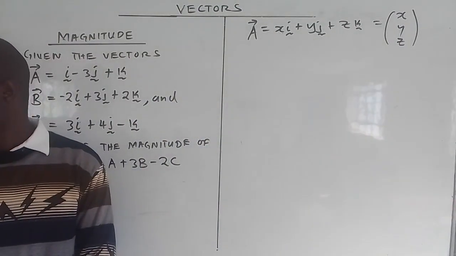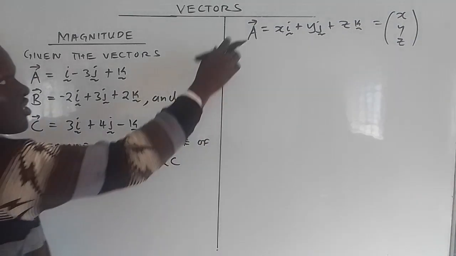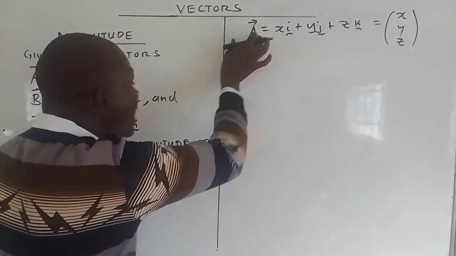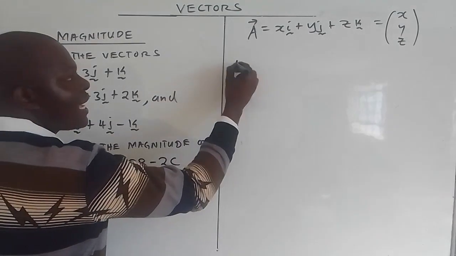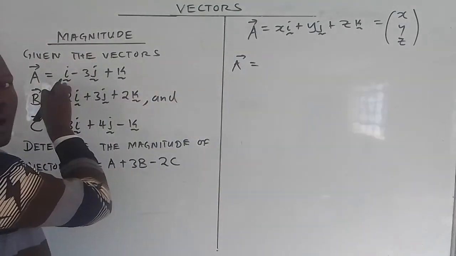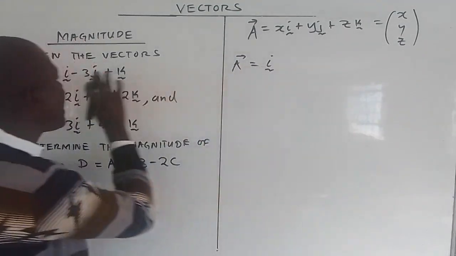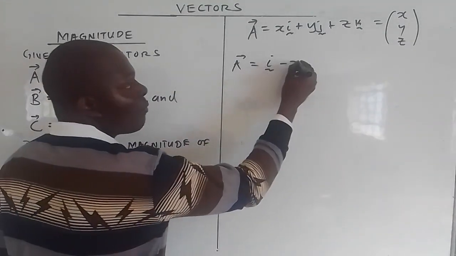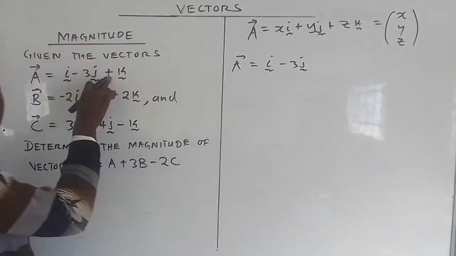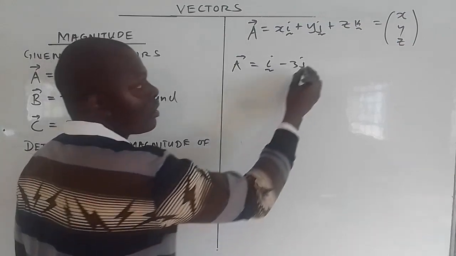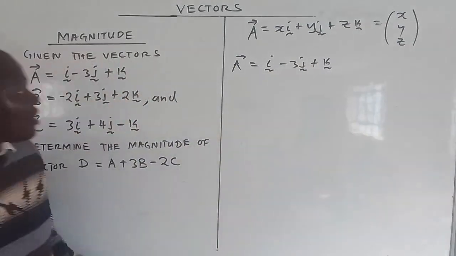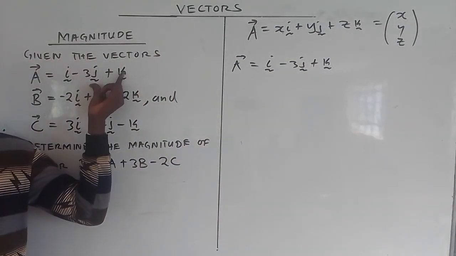Are we together? So it means here, this is the position vector of any vector. So here you've been given vector A to be what? i minus 3j plus k. This is what you've been given as vector A, isn't it? Yes.